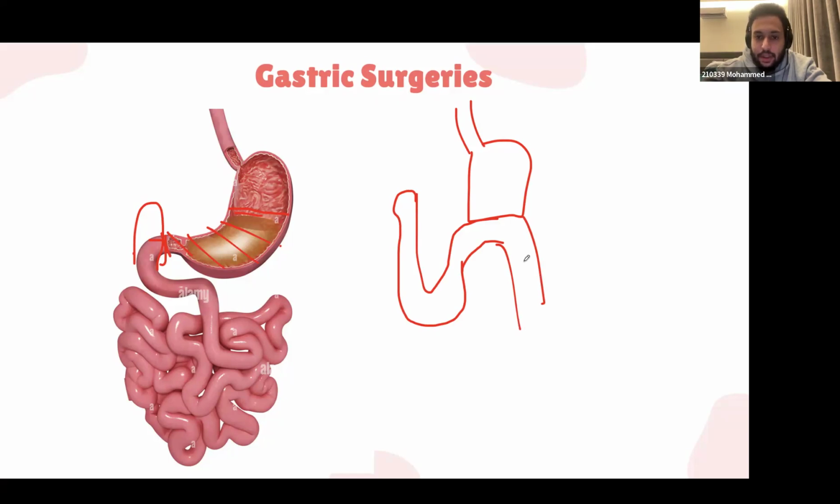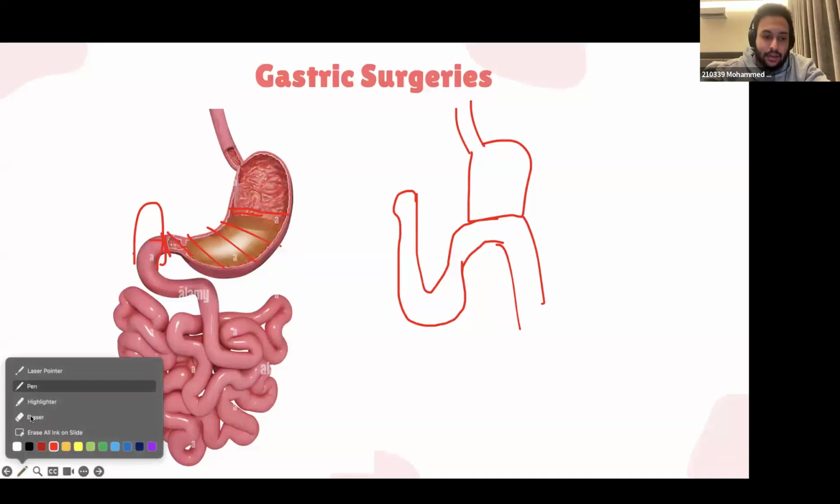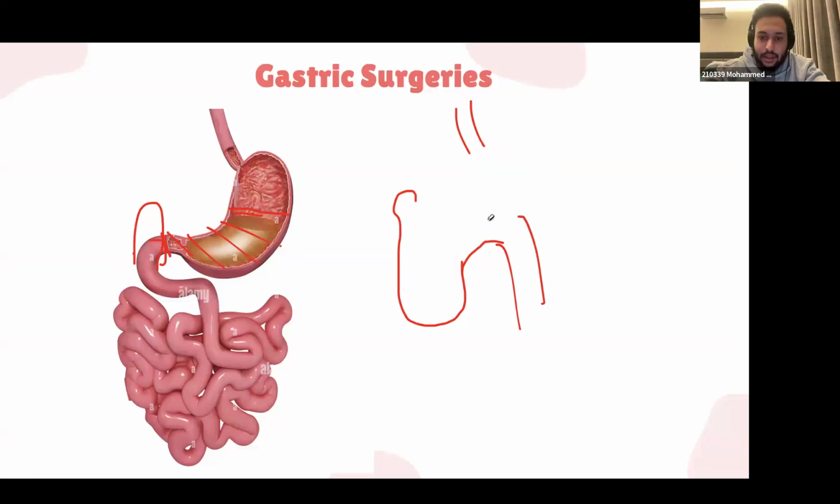This limb over here is the efferent limb. This part over here is not actually going to be a line. It's going to be connected. So if I get an eraser, whoops, that is not supposed to happen. So for example, it's going to be like this, this, and this. Okay, so you'll have this portion over here.